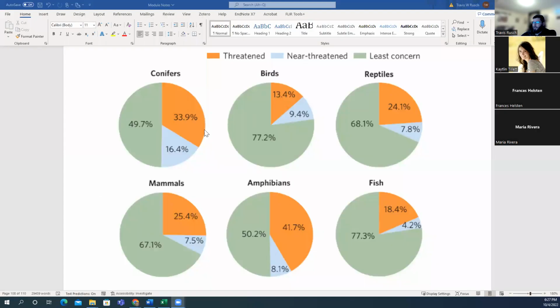Everybody can see these pie charts here. And what are the different colors telling us? We got 3 colors in the pie charts, right?